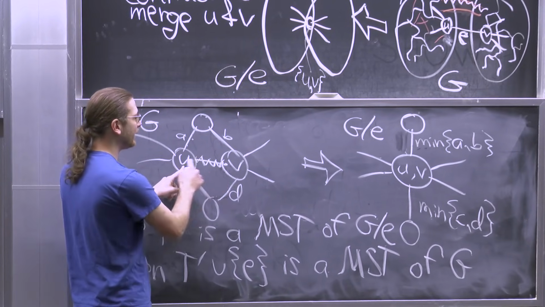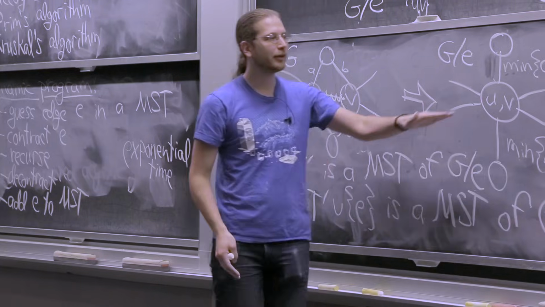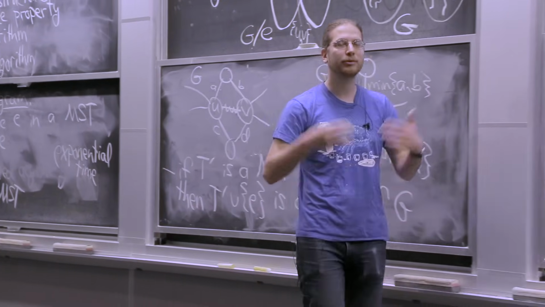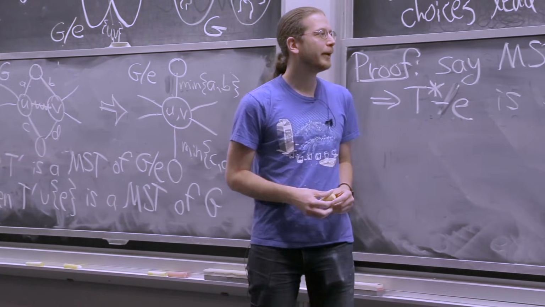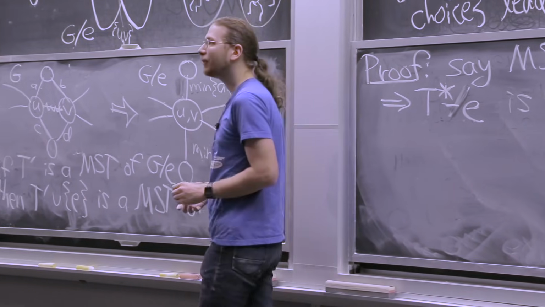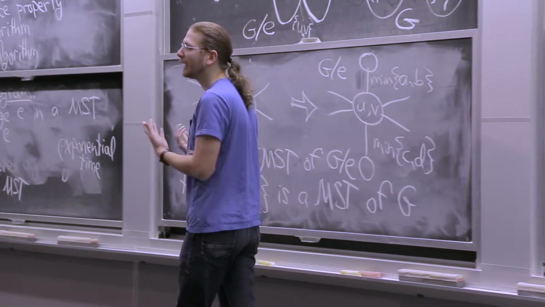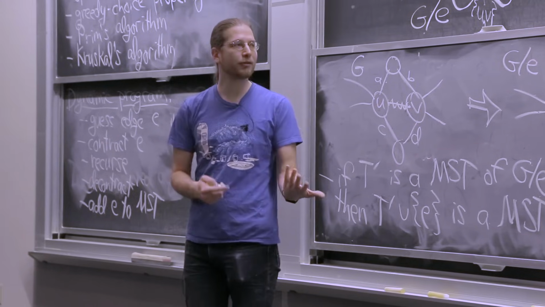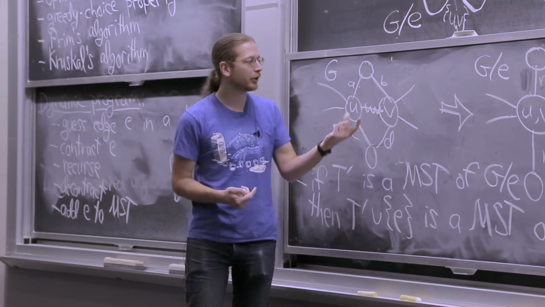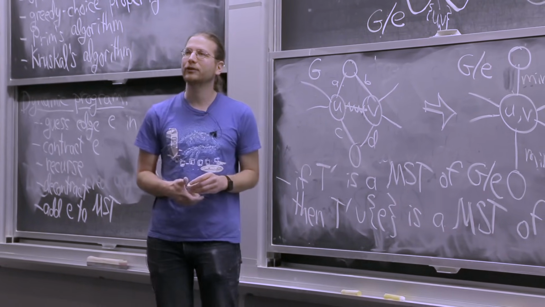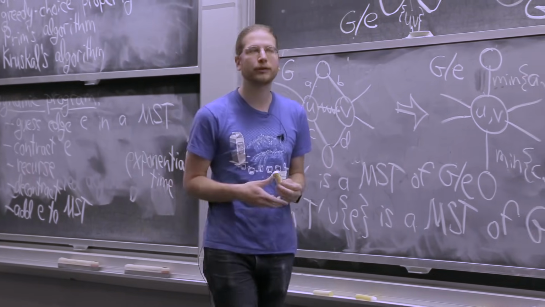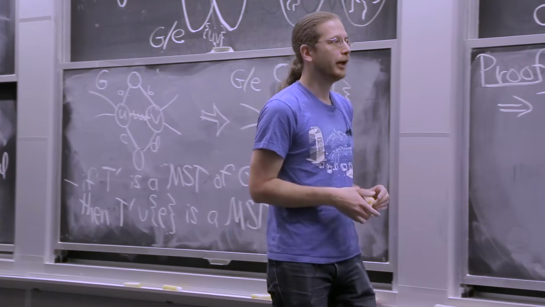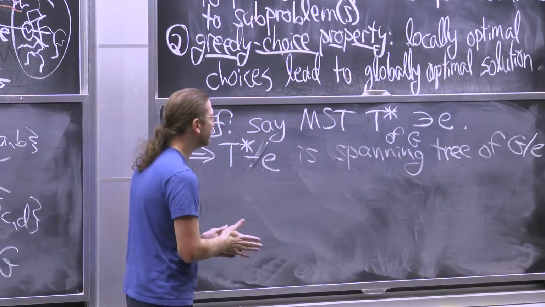If these things were already connected directly by an edge, when I contract, I still have a connected structure. So I'm still hitting all the vertices. And also the number of edges is still exactly right. Before I had n-1 edges. Afterwards, I'll still have n-1 edges because I removed one edge and I removed one vertex in terms of the count. So that proves that it's still a spanning tree using properties of trees.